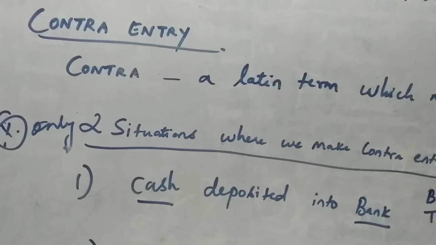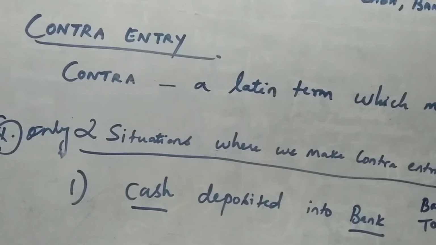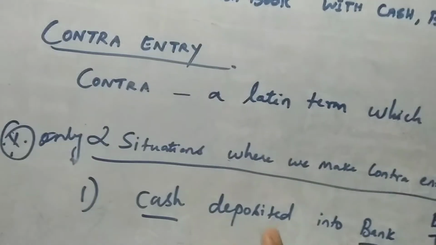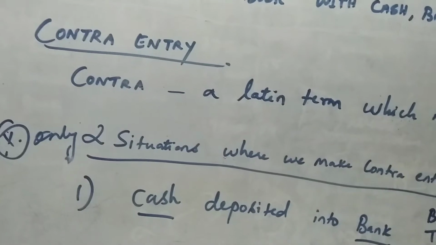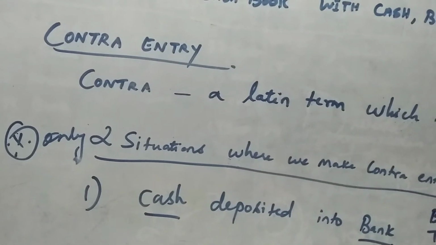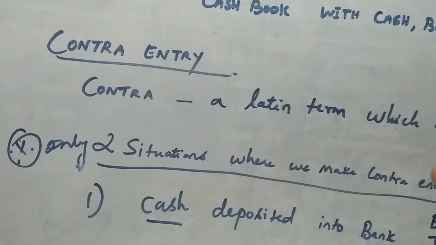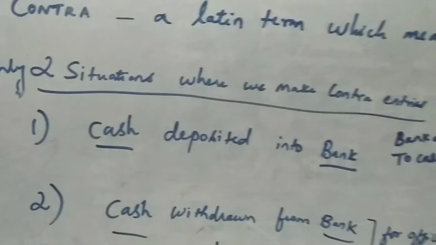Contra is a Latin term which means opposite. There are only 2 situations where we make contra entries. One is when cash deposited into bank, the other one is cash withdrawn from bank.